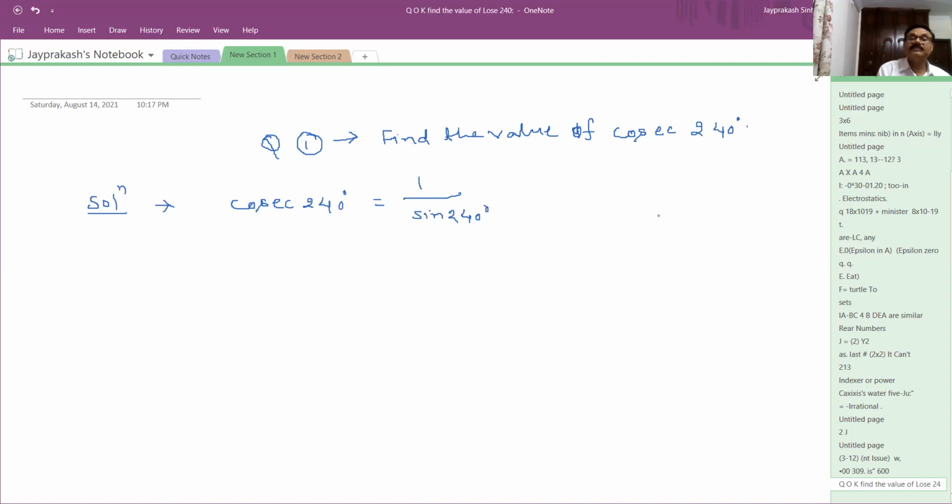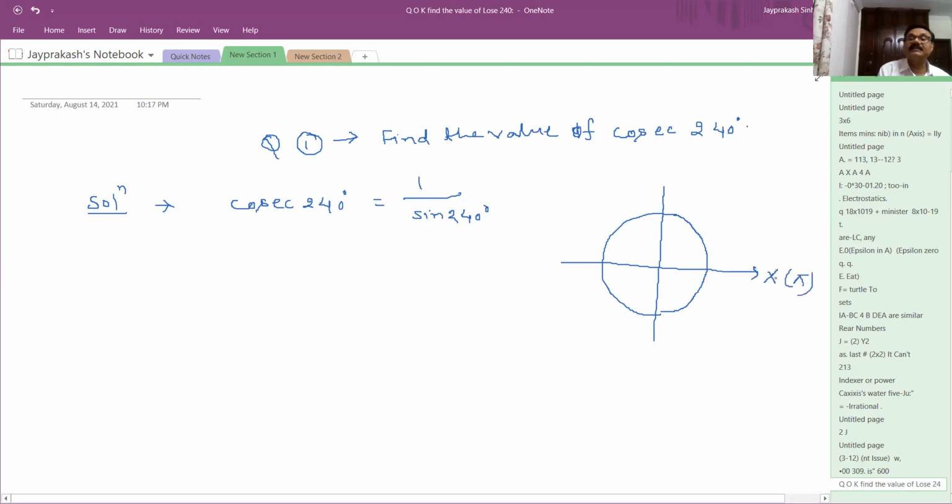Okay, now we'll draw the axis. We'll see in which quadrant this angle lies. Okay, this is your x-axis, means this is your pi axis. This is your y-axis, means this is your pi by 2 axis. So you start measuring the angle from here.